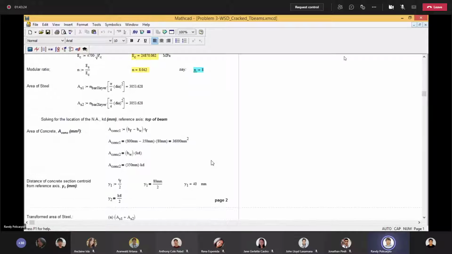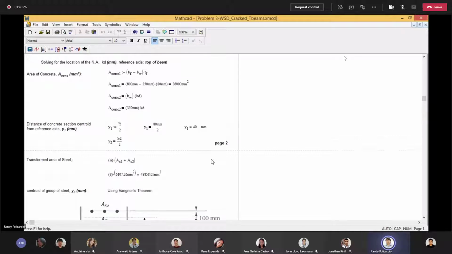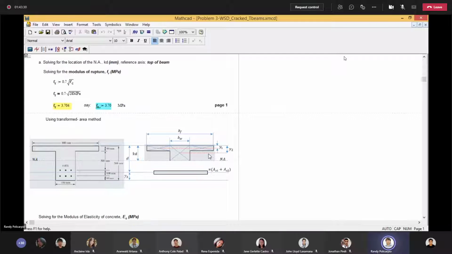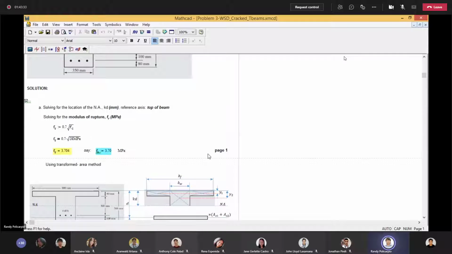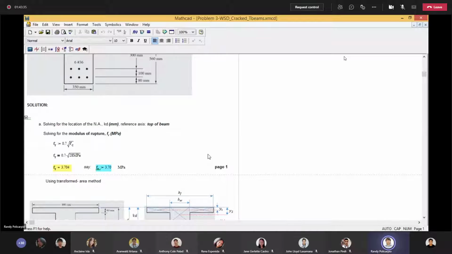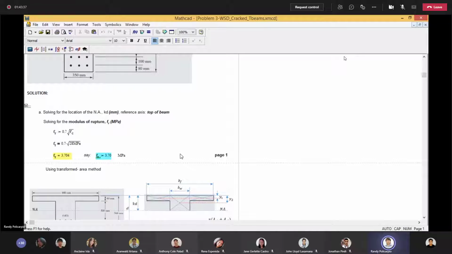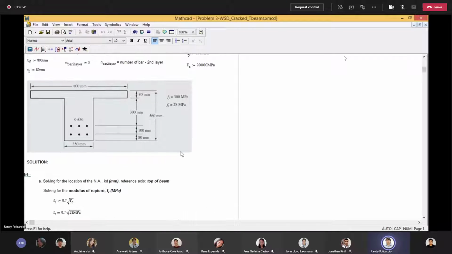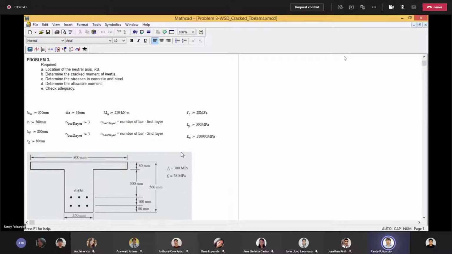Hindi na pinakita dito sa problem, no? So anyway, yung cracking moment natin. Since hindi na yan pinakita, ang assumption kasi dito, it's already a crack section.